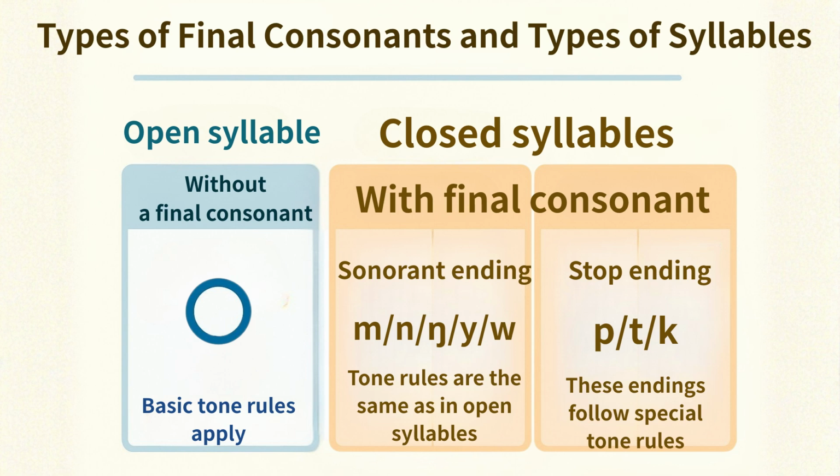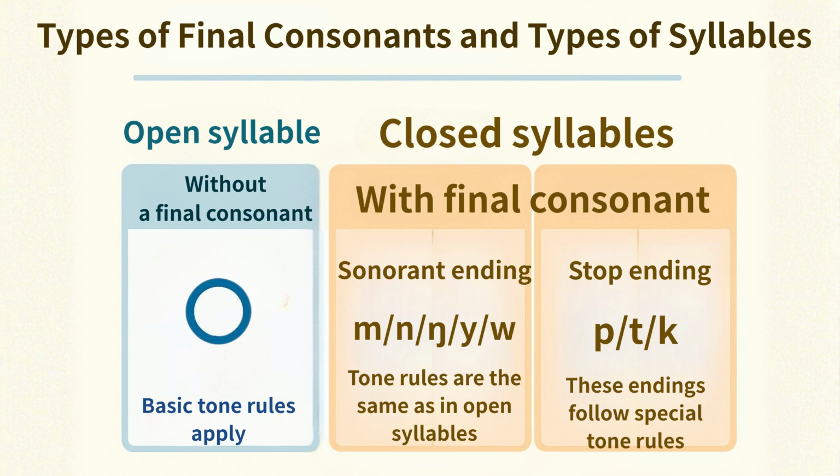Here, I'll explain final consonants and syllable types in Thai. On the left side, when there is no final consonant, the syllable is called an open syllable. Its tone follows the basic tone rules. On the right side, when there is a final consonant, the syllable becomes a closed syllable. Closed syllables come in 2 types.